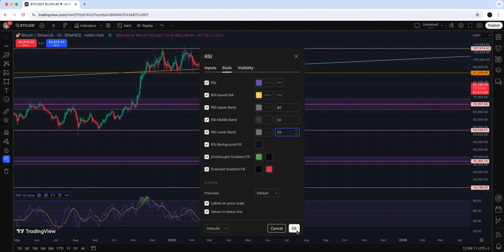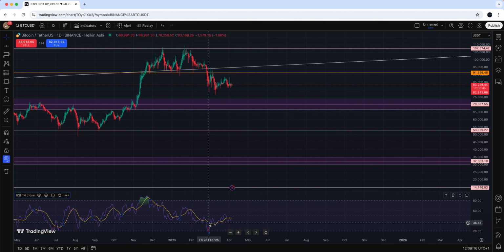This just gives me a bit more confirmation that things are oversold. For example, here, if it's at 30 it would have been saying oversold, but look at how much more room there was from that point of being at 30.